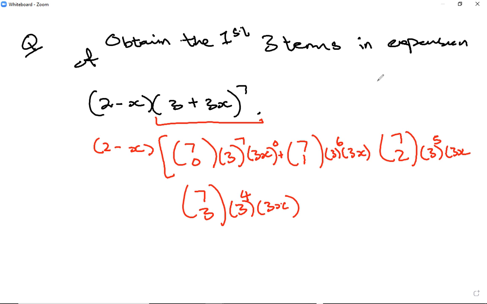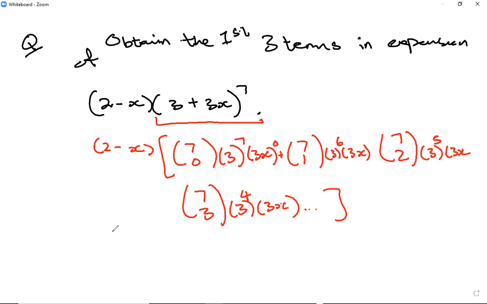So another thing we need is to decide if it's increasing, the first 3 terms in the expansion of this. Because x is not in front and 3 at the back, or 3x in front, the first term ends up as a constant, because it'll be 3 to the power of 7 basically. The first term becomes 3 to the power of 7, because this is 1, and that's 1. 1 times 3 to the power of 7 is 3 to the power of 7 anyway. So I just took the first 4 terms. We could continue to more than that if we need to. We better just think about that as well.